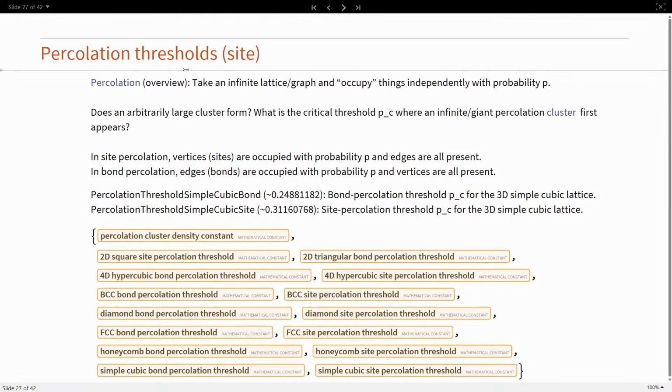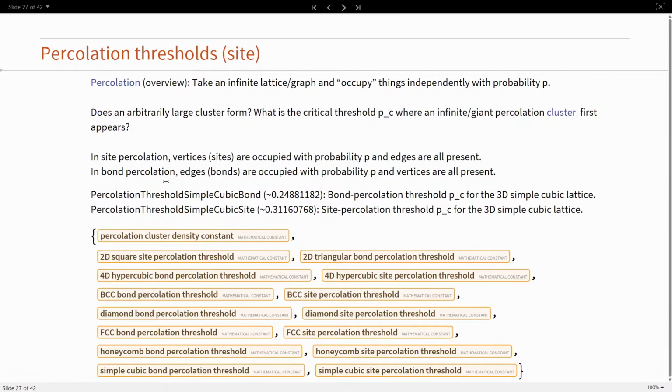Percolation is where you take an infinite grid and you wait for a certain property to appear, such as an infinite cluster or an arbitrarily large cluster. That's what's called a critical threshold.